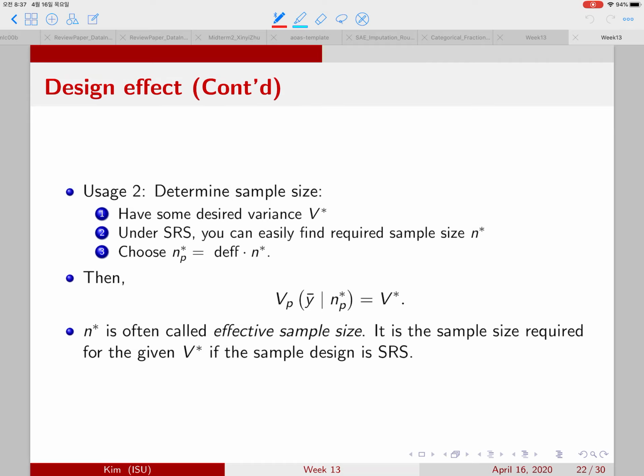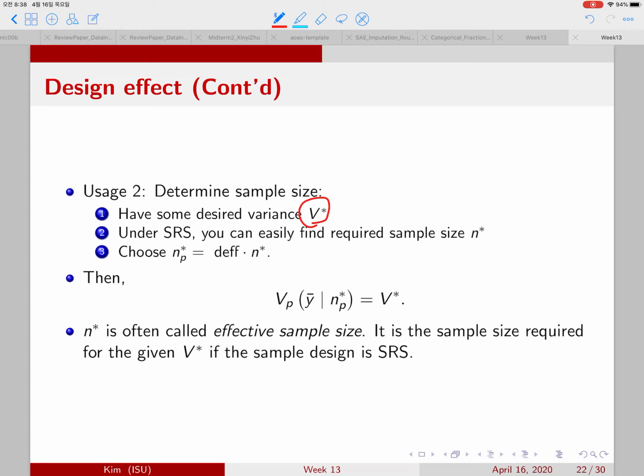Another usage of the design effect is to determine the sample size. Since we know how to find the sample size for simple random sampling, we can use this information and the design effect to obtain the sample size for a particular sampling design. The following steps can be used. Step 1: suppose we have a desired variance.